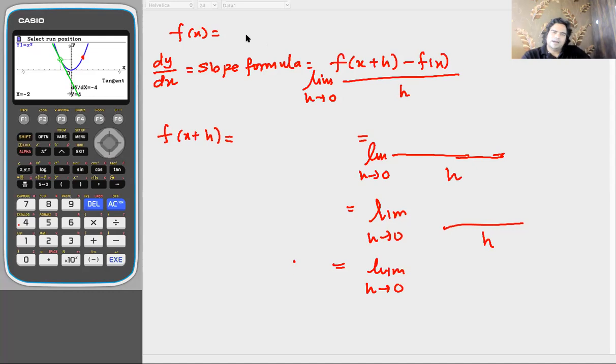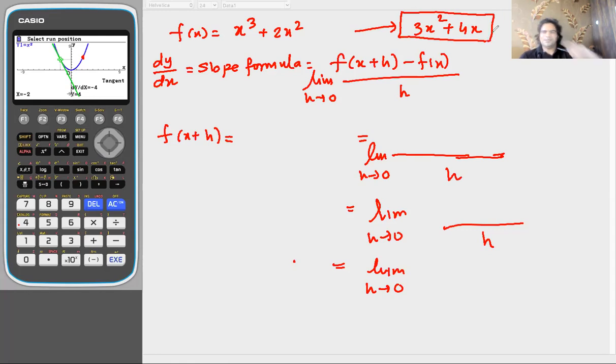So now let's say I want to find out a formula for x cubed plus maybe 2x squared. A little challenging one, let's do it. Since I know that the answer for this is going to be 3x squared plus 4x, I would like to explain the link after I do this expansion.